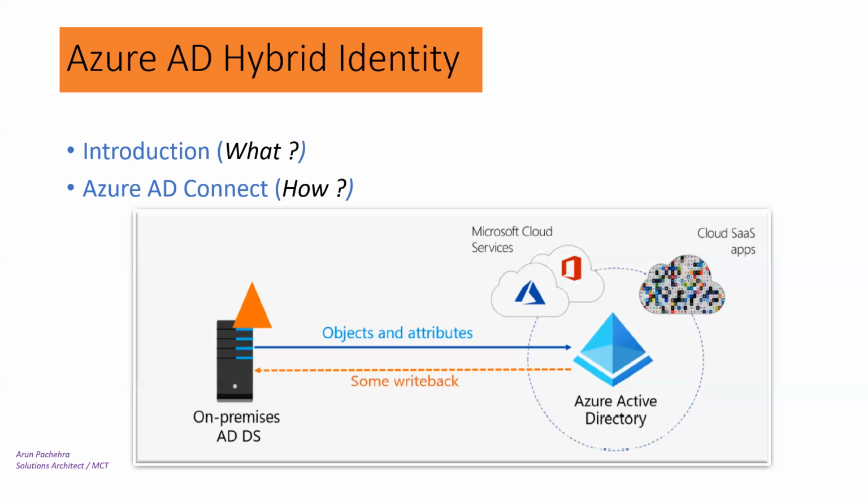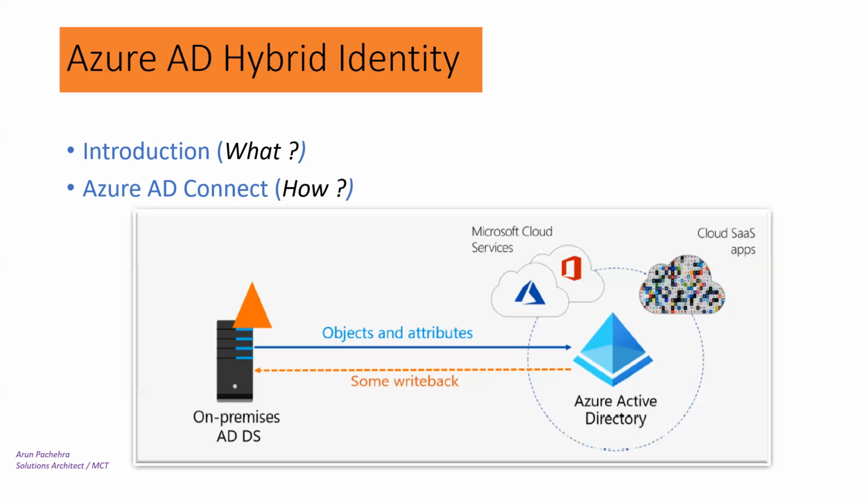This is more like when you have some identities running somewhere, only then this comes into the picture. As it is not an effective strategy to maintain multiple independent silos of user credentials, how should such organizations approach their adoption of Azure and Azure Active Directory? That is the question that we are answering in this video.